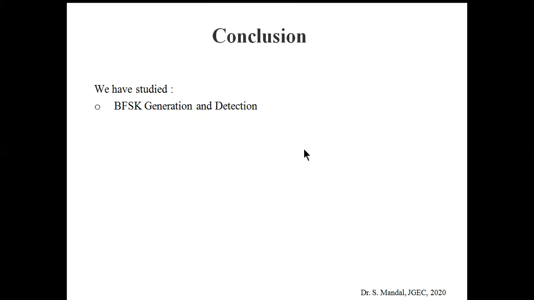Detection technique basically consists of two types: the first is coherent and the second is non-coherent. This is a binary frequency shift keying digital modulation technique, where the frequency of the carrier is shifted depending on the input binary bit, 1 or 0. For 1, the frequency is shifted upwards, and for 0, the frequency is shifted downwards.